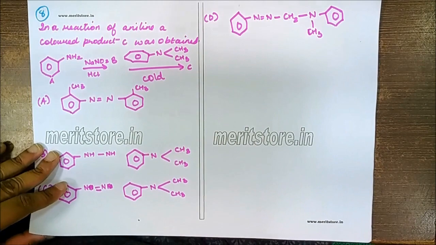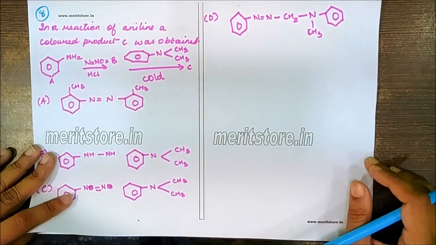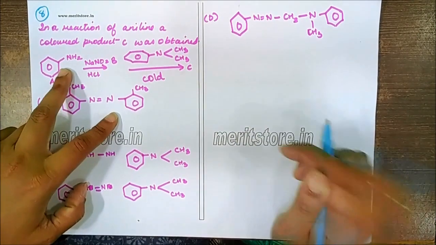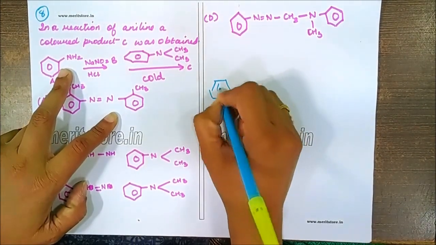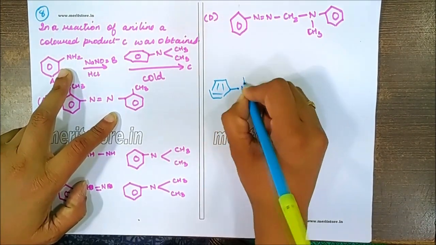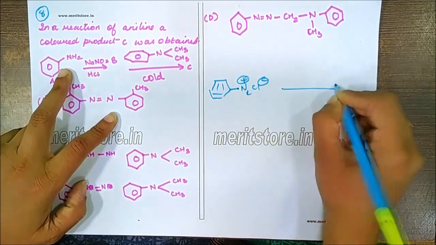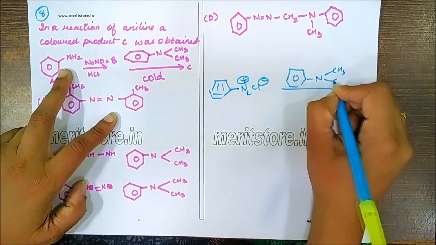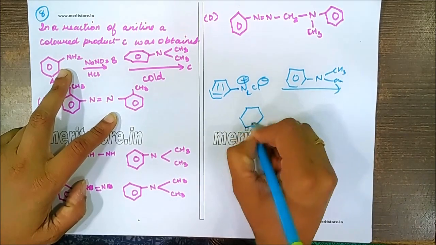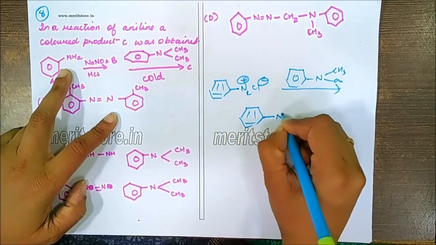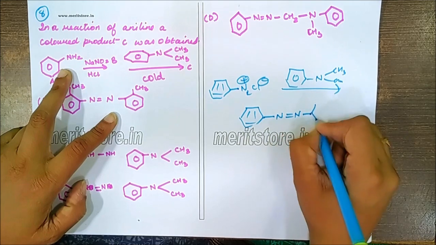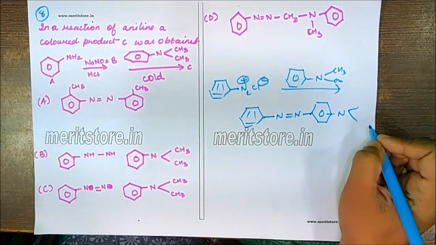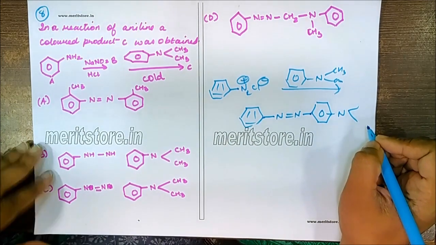In the reaction, aniline, a colored product C, which is formed. If you treat this with the diazonium salt, we will get the diazonium salt in this case, followed by its reaction with this compound will create the double bond at para position like this. This will be a colored complex which will be formed in the reaction.